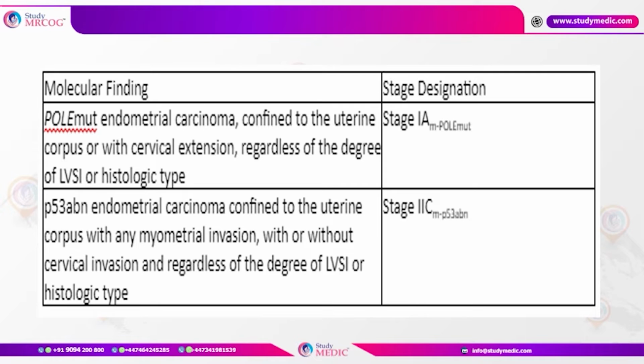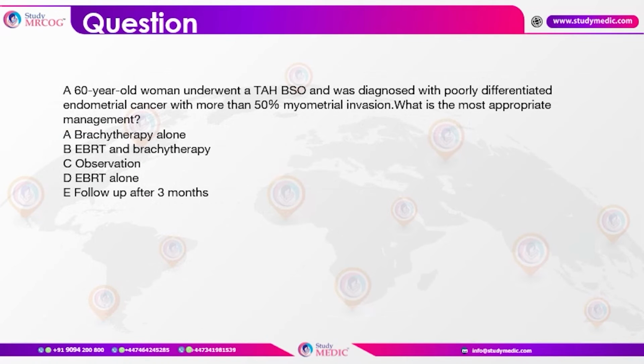And if it is P53 abnormal, automatically it becomes 2C and P53 abnormal. So this is all about the FIGO 2023 staging. I have briefed it in 2 or 3 slides. In case you guys have any doubt, feel free to ask me in the chat box. And we'll go ahead with the next question regarding the management of endometrial cancer.